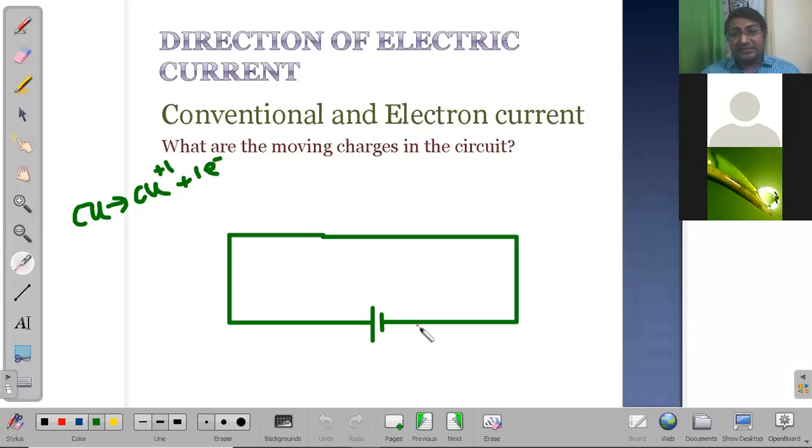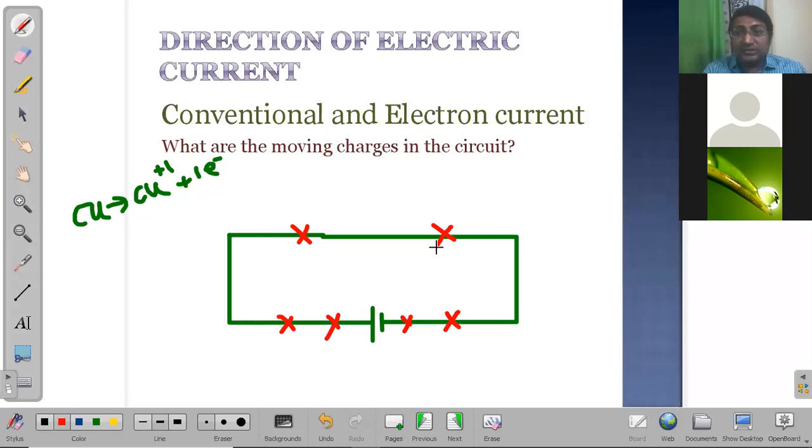Okay, now let me ask you a question. Electrons are everywhere. I want to use some dots with red color. I'm only using a few of those. Electrons are everywhere in this wire. Now, I want to ask you one question pertaining to the movement of the electrons.